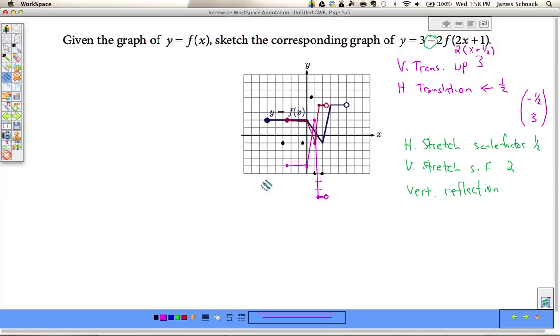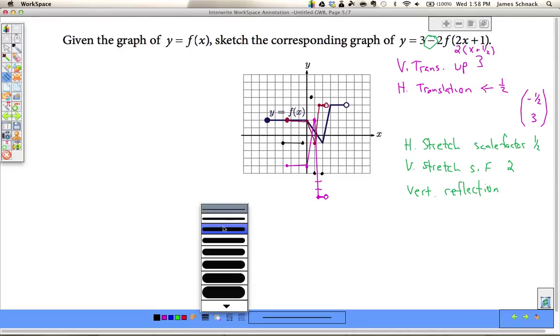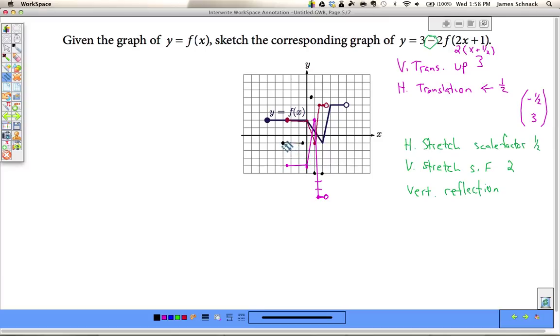And now I can connect my dots, and we have our finished product, a finished graph that is these black lines and points. And I hope you caught that I made a mistake over here on the end. That should really be an open dot. And there we are. There's our fully transformed graph from y equals f of x.